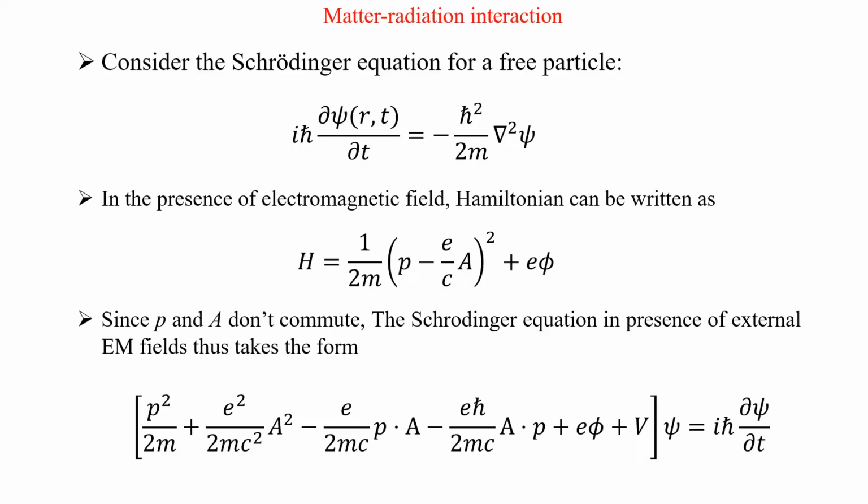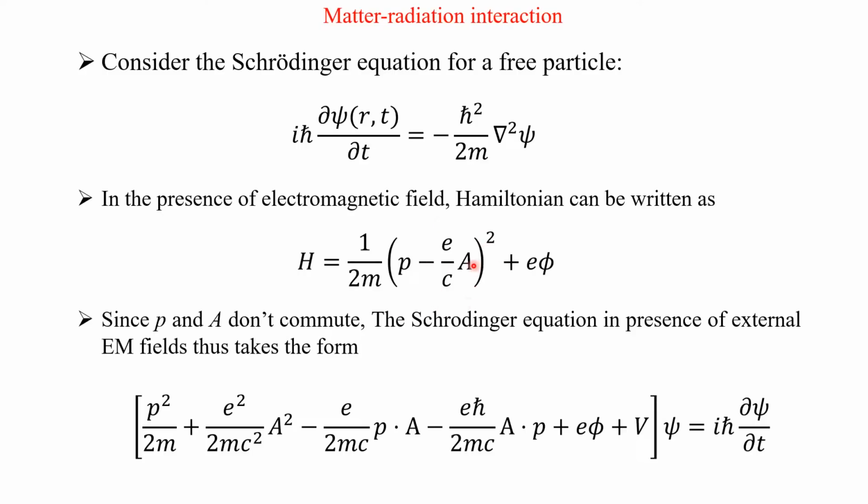Consider the Schrodinger wave equation for a free particle, which is iħ ∂ψ/∂t = -ħ²/2m ∇²ψ. In presence of an electromagnetic field, the Hamiltonian can be written as H = 1/2m (p - e/c A)² + eφ.